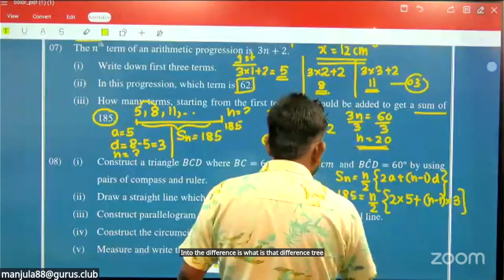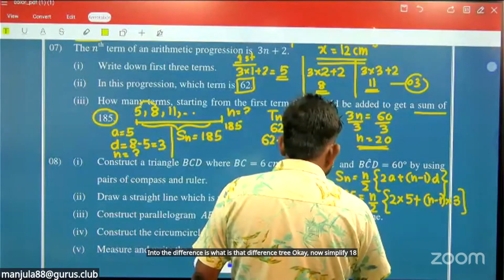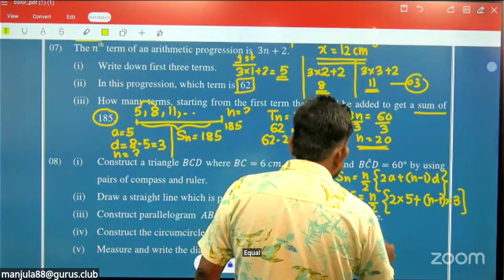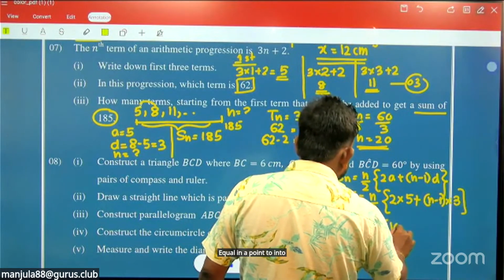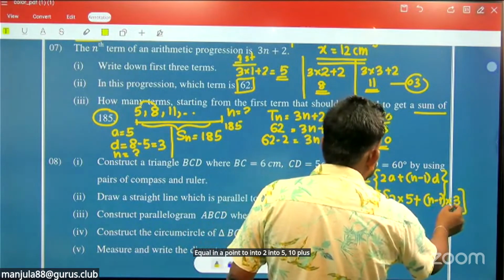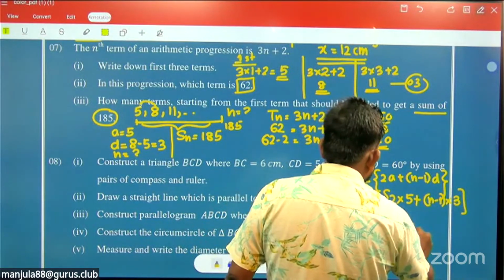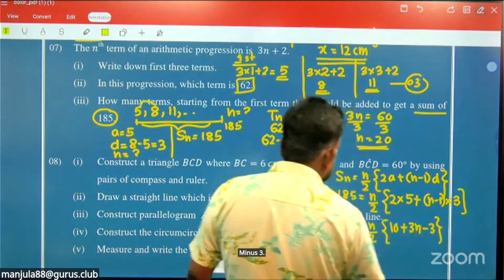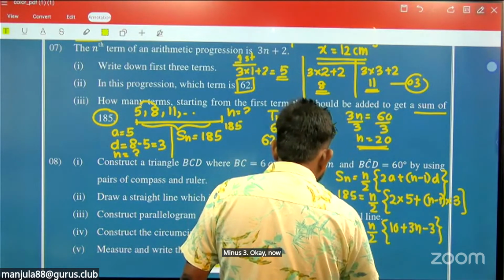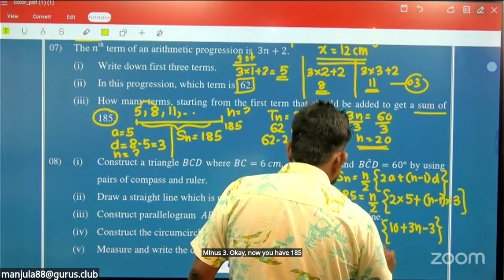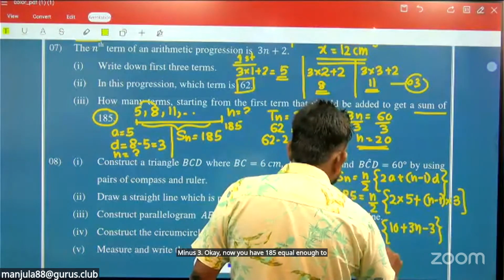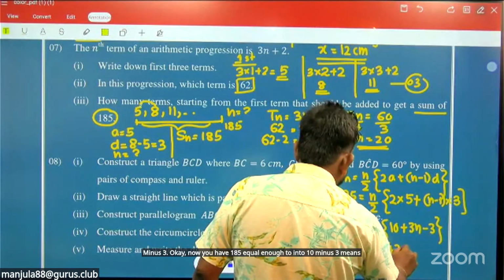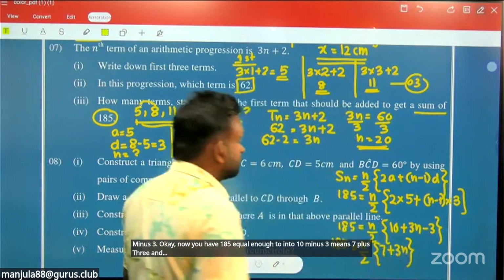Okay, now simplify. 185 equals n upon 2 into (2 into 5, 10, plus 3n minus 3). Now you have 185 equals n upon 2 into (10 minus 3, that means 7, plus 3n).